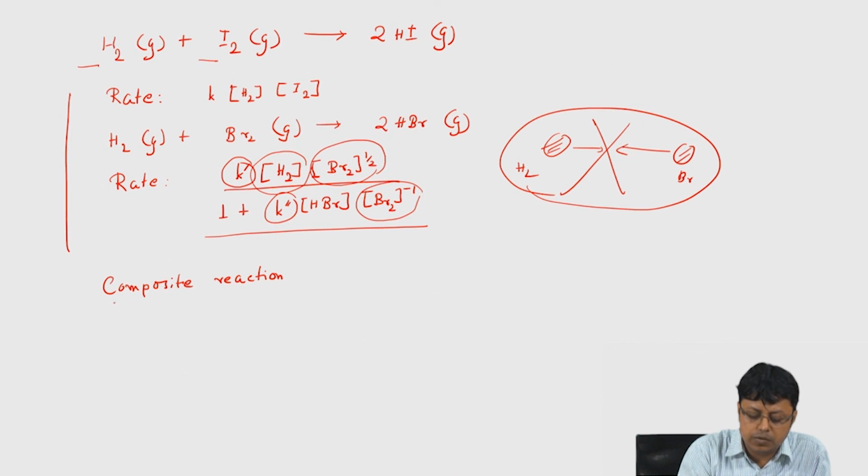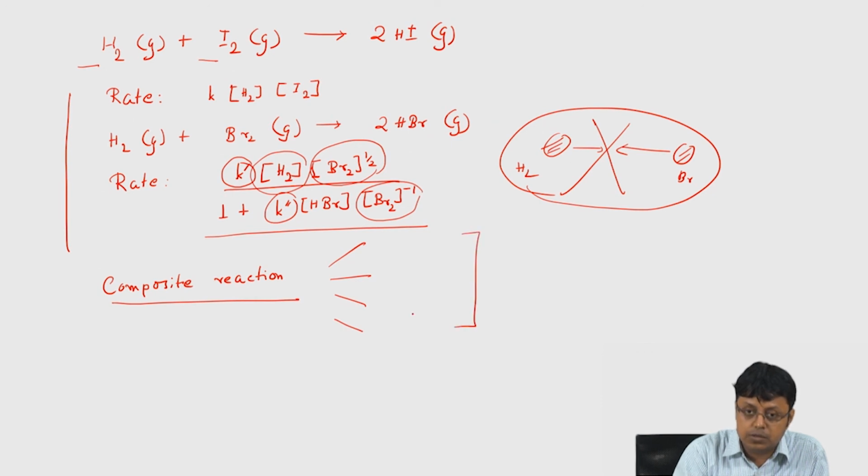So, any composite reaction can be decomposed into many elementary reactions, and if we add up, I will get the composite reaction. And if we find now the rate law for each of the elementary reactions, then we should get back the composite reaction or the observed rate law. So, that we will see for this particular reaction, hydrogen and bromine reacting to produce HBr in gas phase.